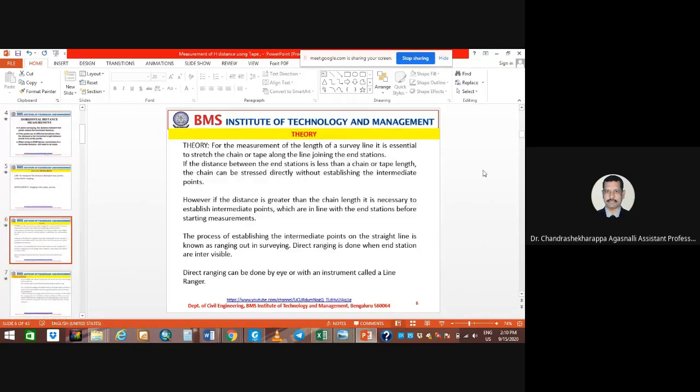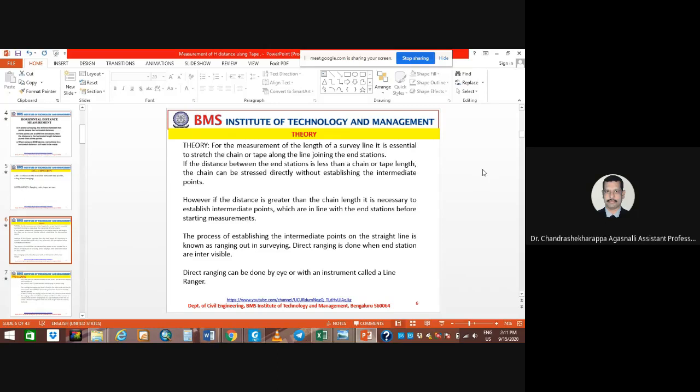When it comes to the theory part, for the measurement of the length of a survey line, it is essential to stretch the chain or tape. Either you can use the tape or you can use the chain, along with joining the two ends.